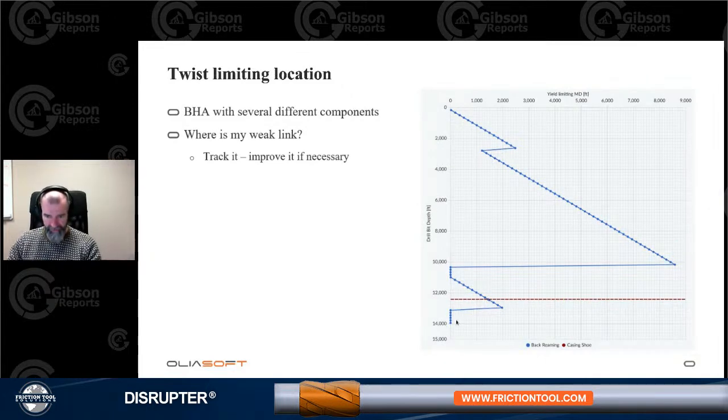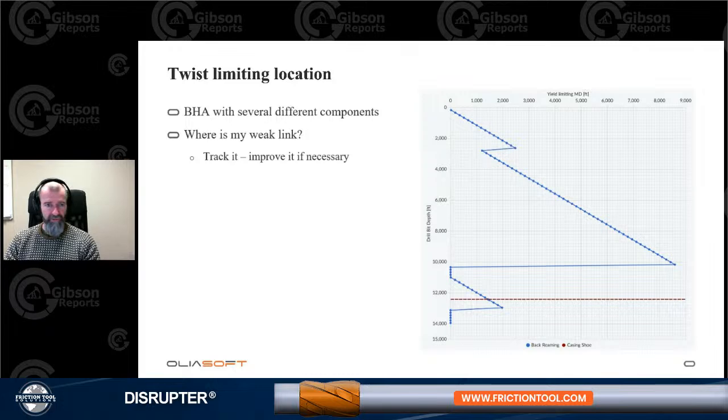So the limit was located here, and we can see that the limiting MD, measured depth, here is actually 0, right? So it's actually my last couple of components that I'm adding here. They actually have a weaker makeup torque. So those probably should be changed out to something different, or to something with a higher makeup torque, so that you can actually run with more room to spare for the rotation.